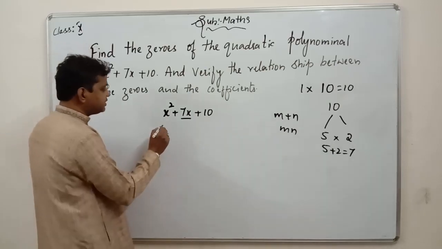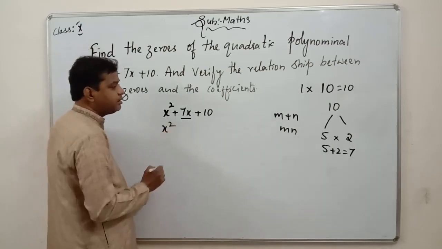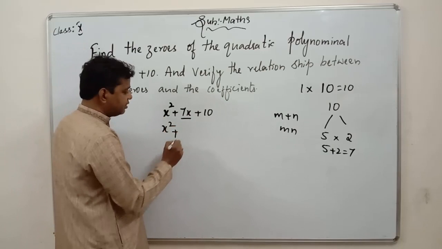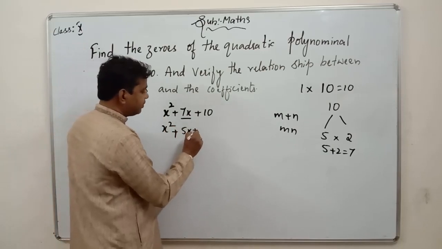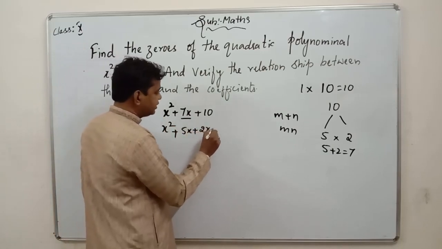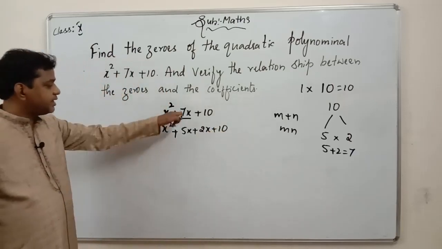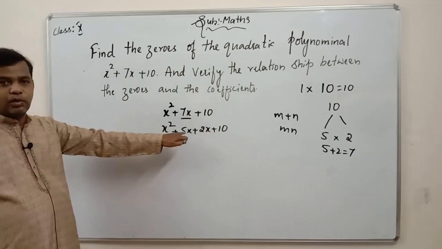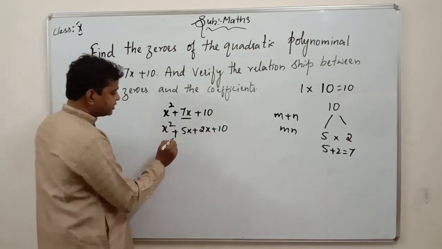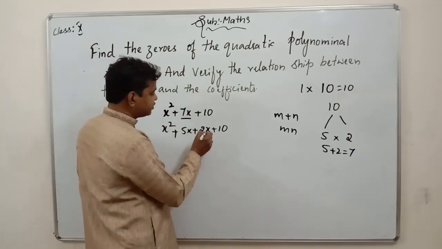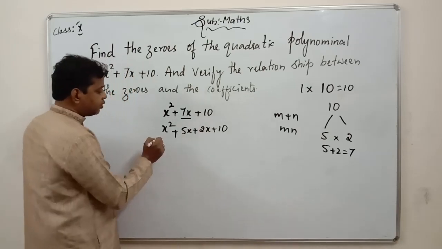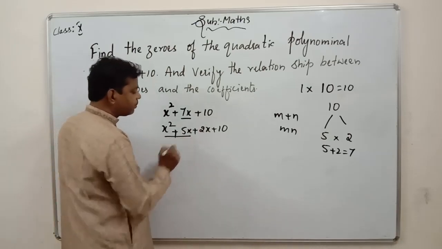So this can be written as x square plus 5x plus 2x plus 10. Instead of 7x, I am writing 5x plus 2x. What can I take common in these two?